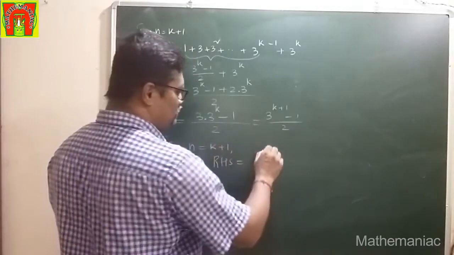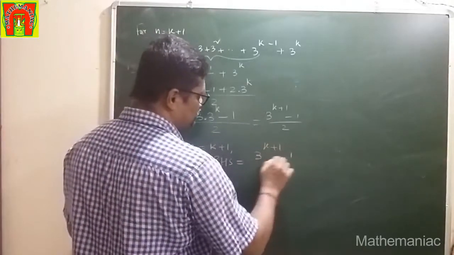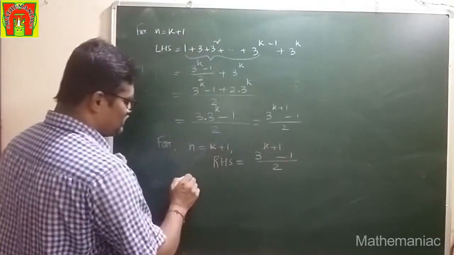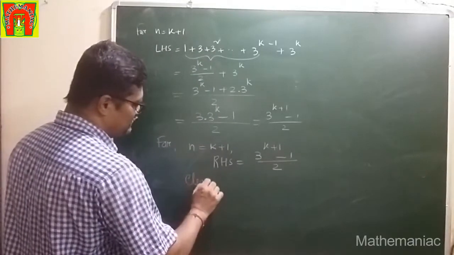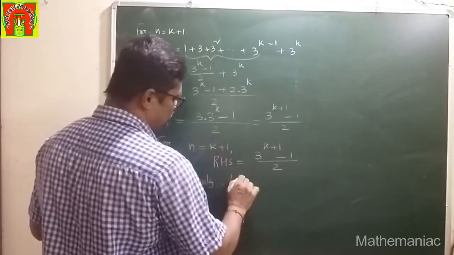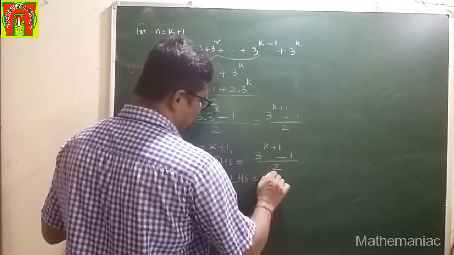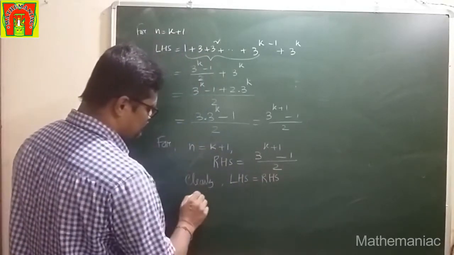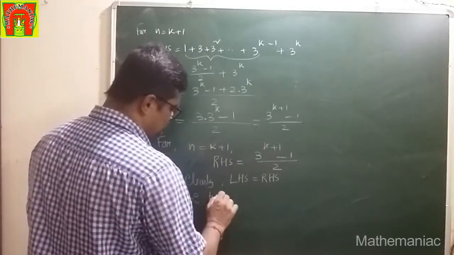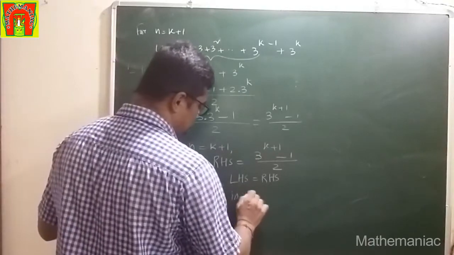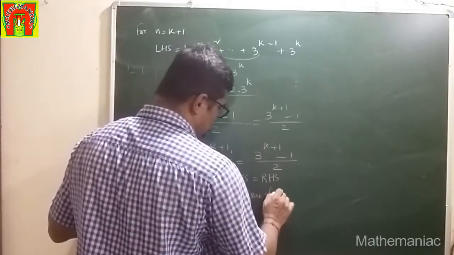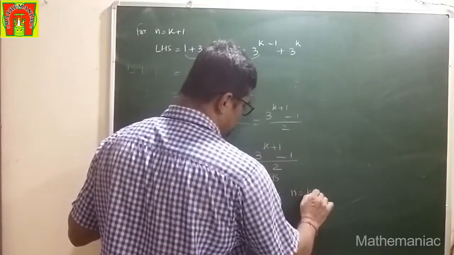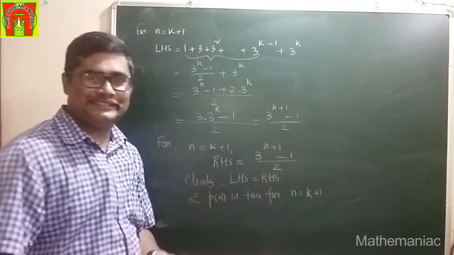In place of n I am putting k plus 1. So now clearly what did you observe? LHS equal to RHS. Therefore Pn is true for n equal to k plus 1, right?